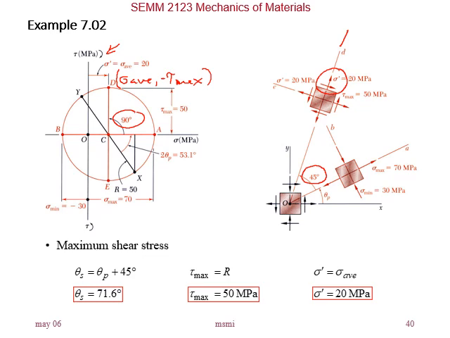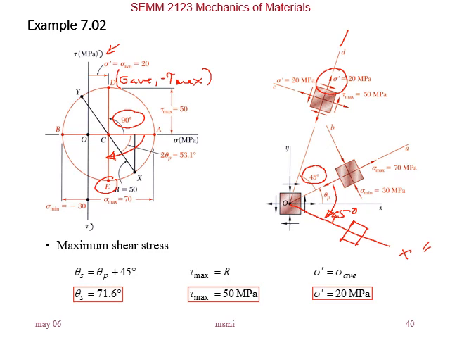Now, however, if we were to draw towards this side, instead of going there, we go here, x2 prime. So from here, we can go 45 degrees clockwise, meaning we are going from here to there, right? 90 degrees. So we reach point E. So it's the same thing. If you draw your Mohr circle, you draw your stress element, remember, it looks the same as this one on top.